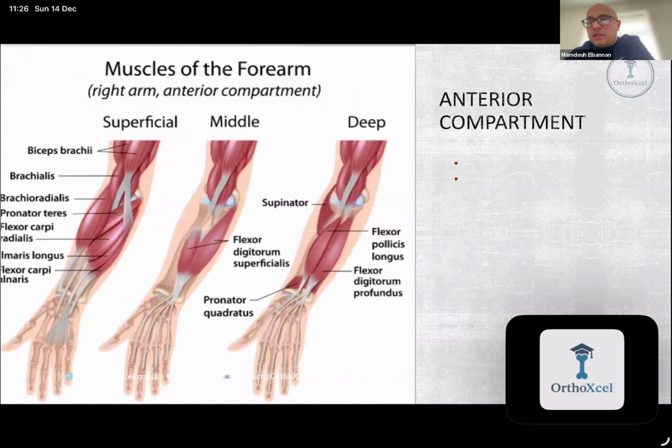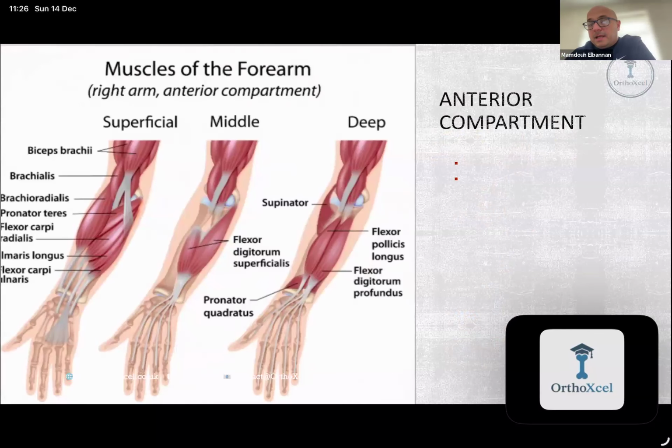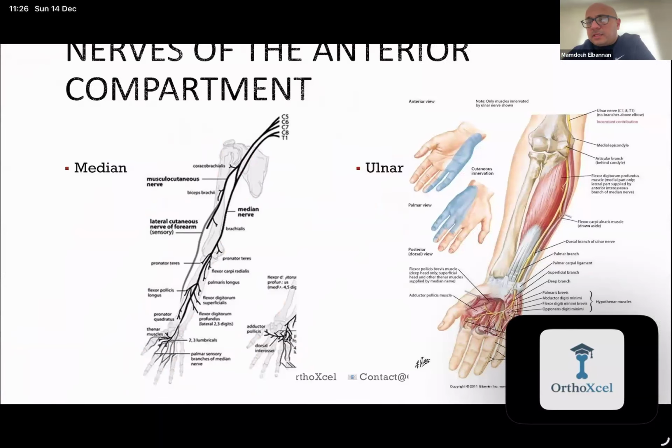Now, this is how you can memorize. I am bad at memorizing written words, but I like to draw pictures and memorize the diagram. So if you have the split of the forearm muscles into superficial, middle, and deep layers, and you go to the anterior compartment, then as we said, it's supplied by the median nerve and the ulnar nerve.